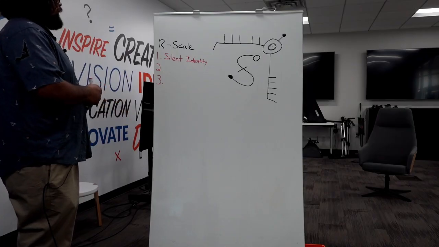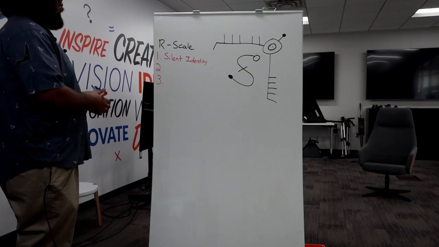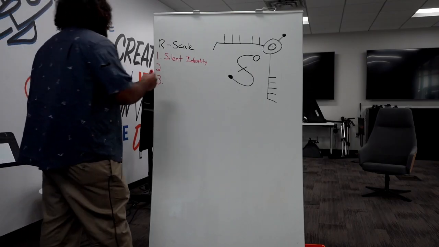And the way that we consider that in standard theory is through the second characteristic of communication, and that's referred to as silent interaction.